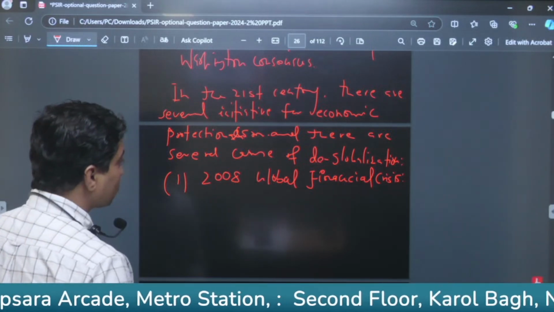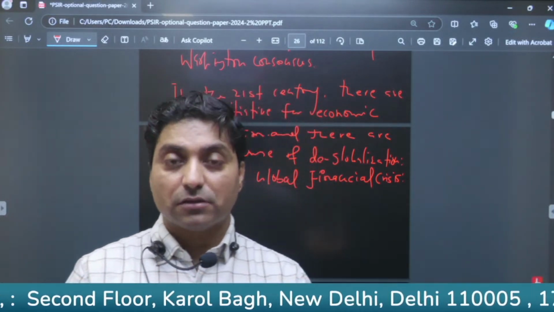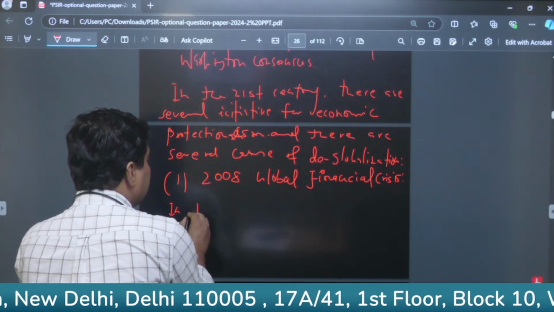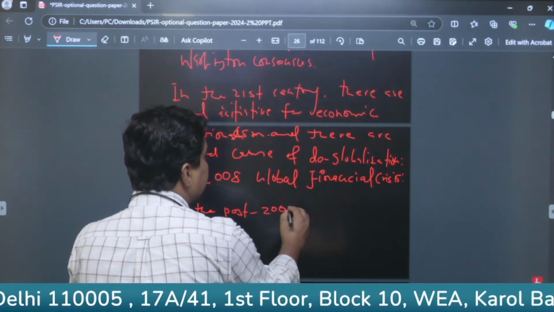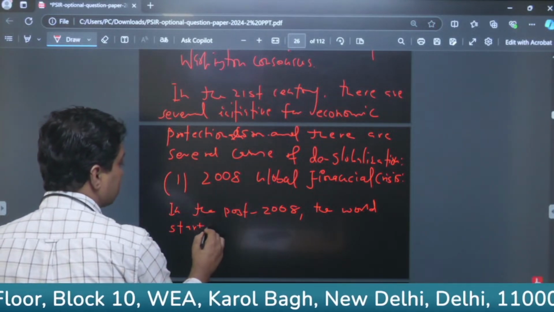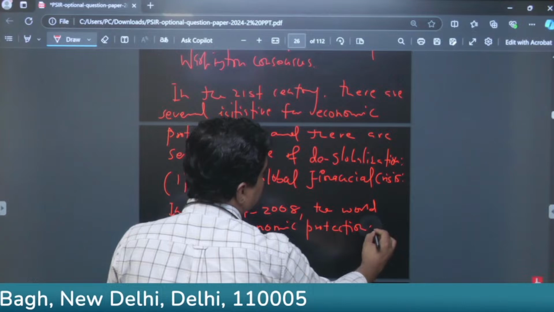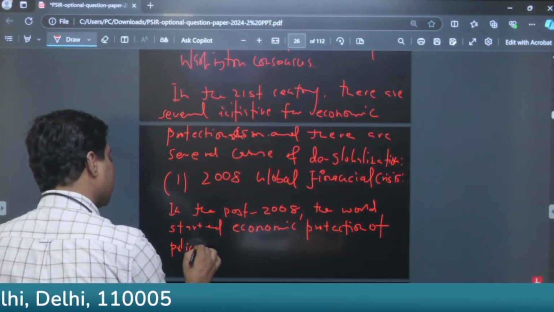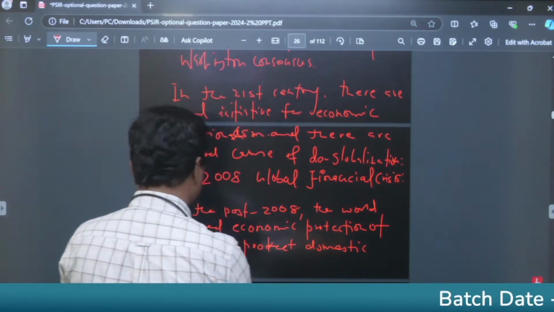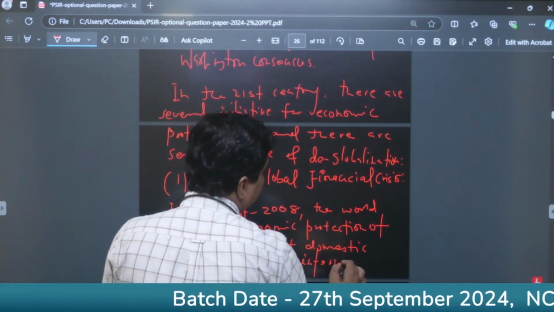In the post 2008 global financial crisis, the world started economic protectionist policies to protect their domestic industry and market against the international market and international threat.